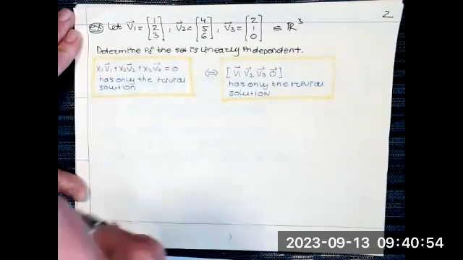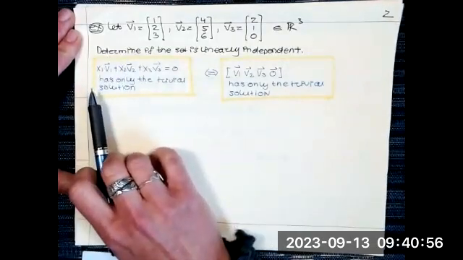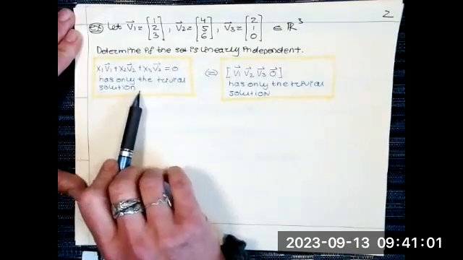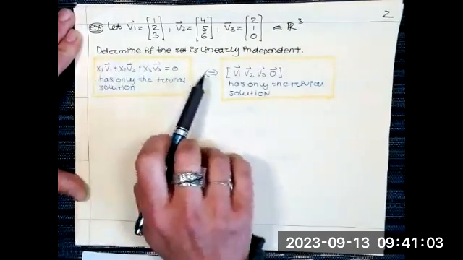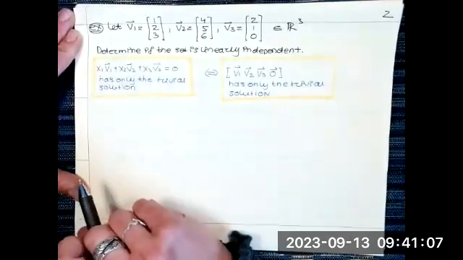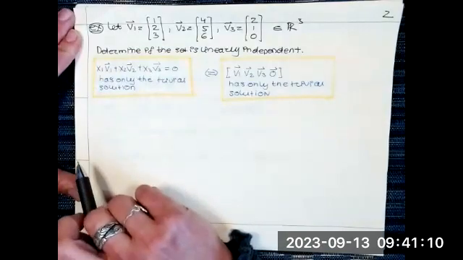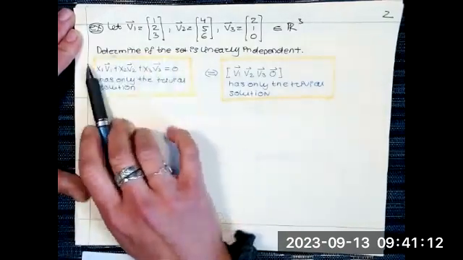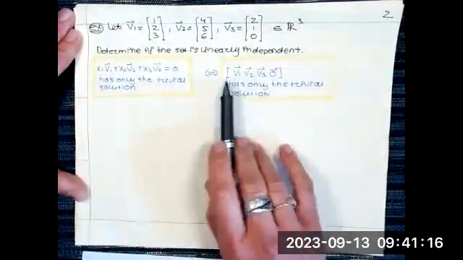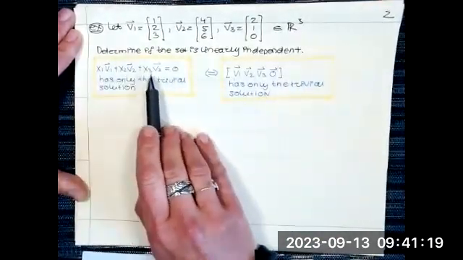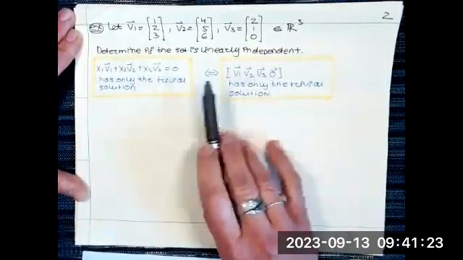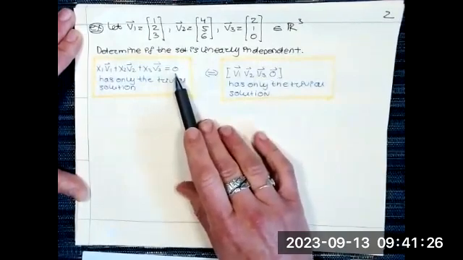By my definition, the set is going to be linearly independent if this vector equation only has the trivial solution, meaning this will only be true if x1, x2, and x3 are all 0. Going back to the previous chapters, solving this vector equation is equivalent to putting my vectors v1, v2, and v3 into augmented matrix form, with the augmented column being my 0 vector.